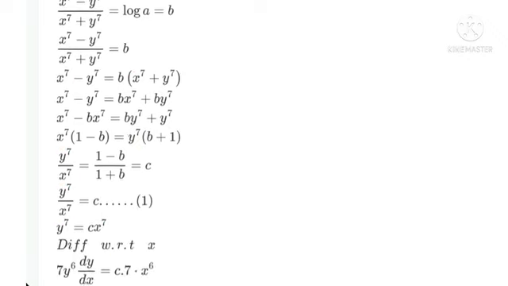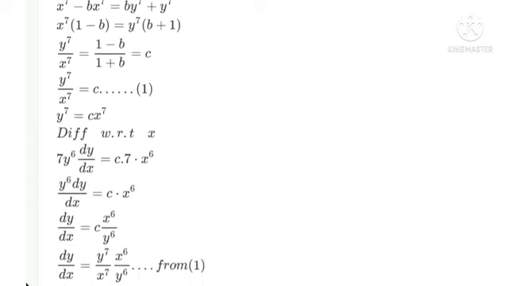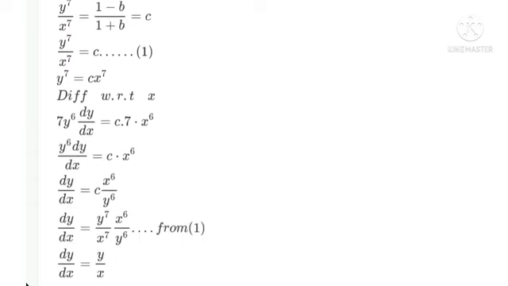So you write y raised to 7 upon x raised to 7 is equal to (1 minus b) upon (1 plus b), is equal to c. So we get y raised to 7 upon x raised to 7 is equal to c. Take x raised to 7 to RHS. We get y raised to 7 is equal to c into x raised to 7.